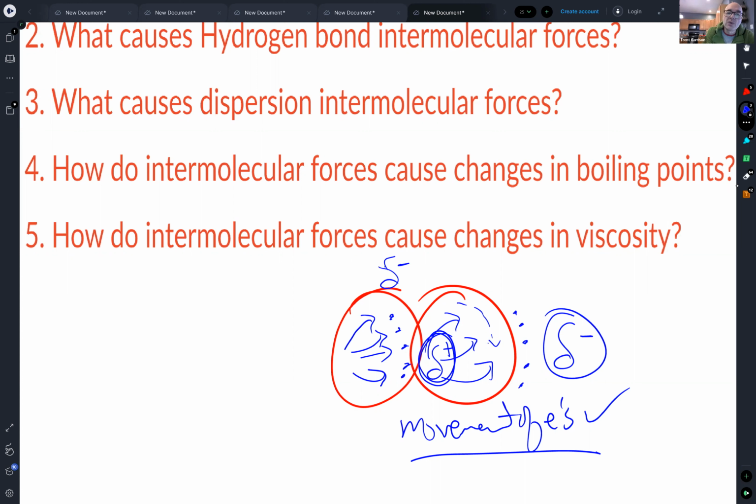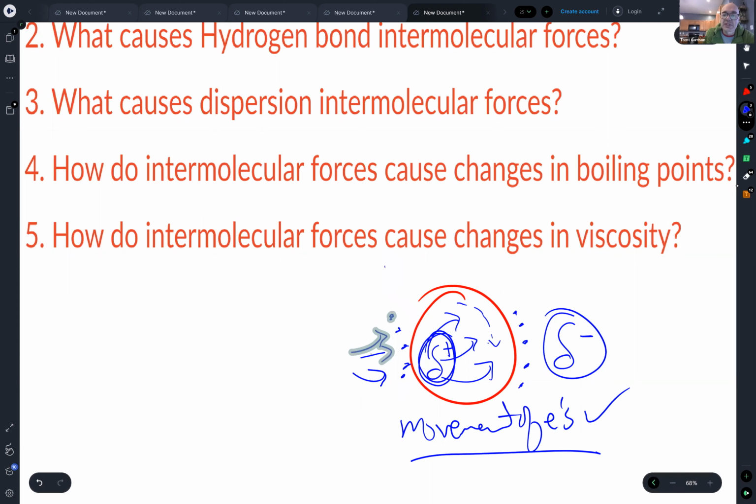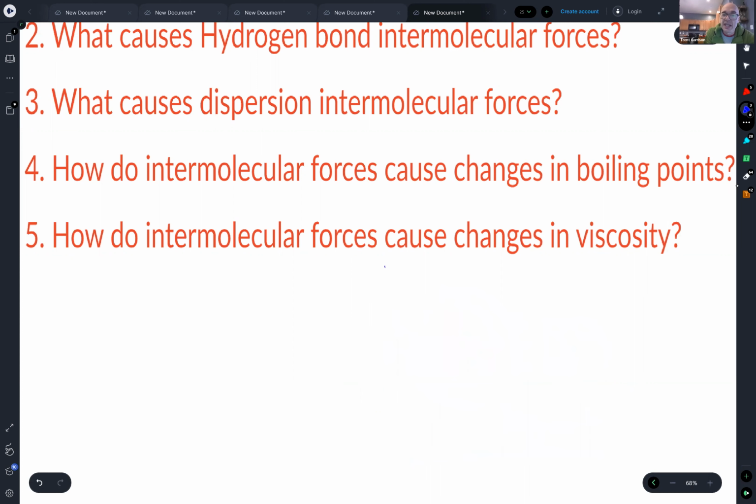All right. How do intermolecular forces cause changes in boiling points? Well, if we have attractive forces, they hold molecules together, which means we're going to have a higher boiling point.